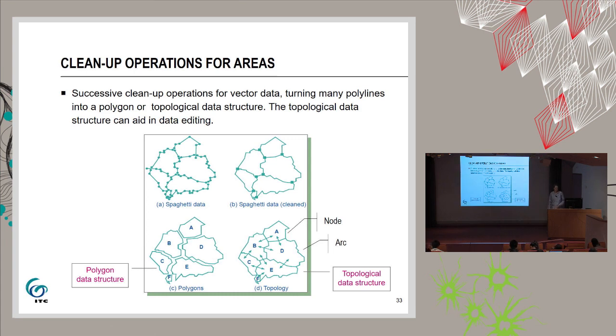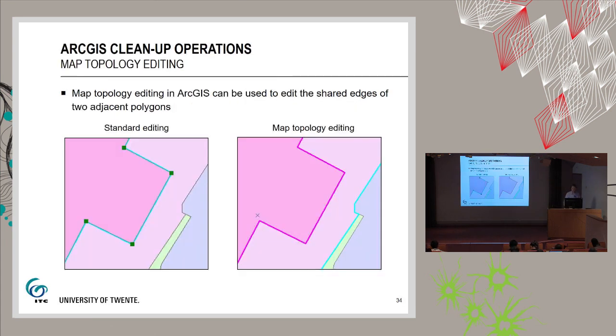I show you that. For example, if you like to edit shared boundaries, we can use the map topology editing tool in ArcGIS. That's a tool which can be used to edit boundaries which are shared together. Like here, if we use the standard editing tool, we like to get rid of this.